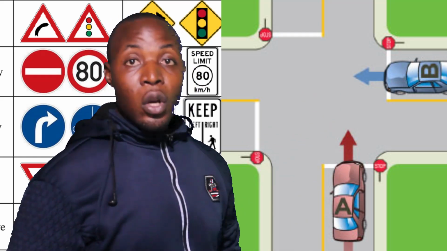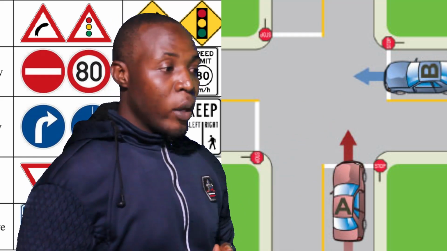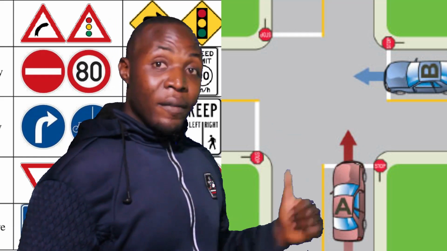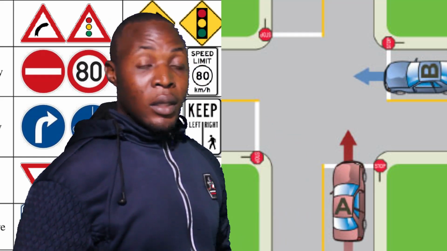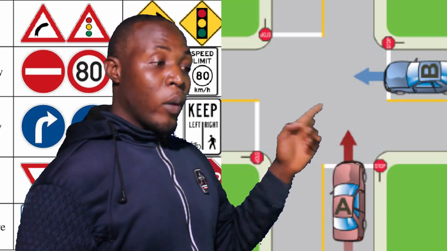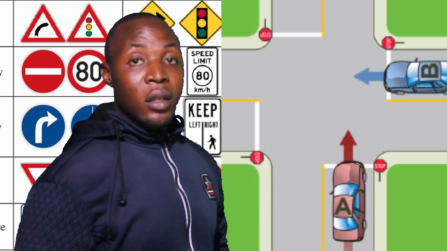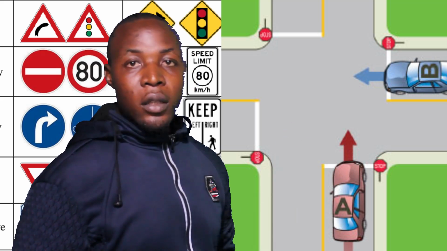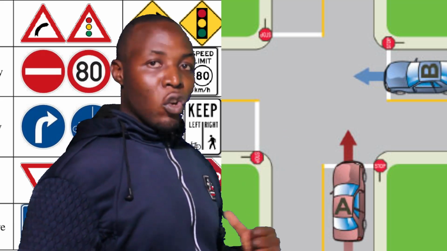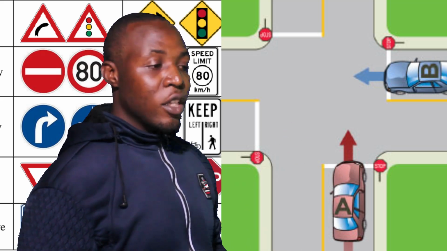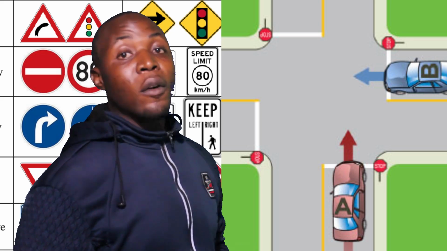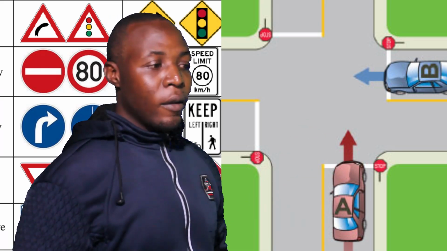In this situation, who has to give right of way to the other person? The blue vehicle has to give way to the red vehicle, because the red vehicle is coming from the right. So in this situation, the blue vehicle has to give right of way to the red vehicle.